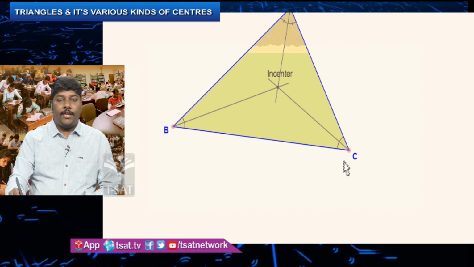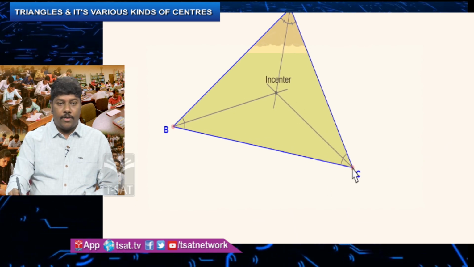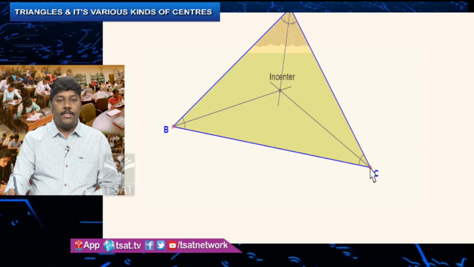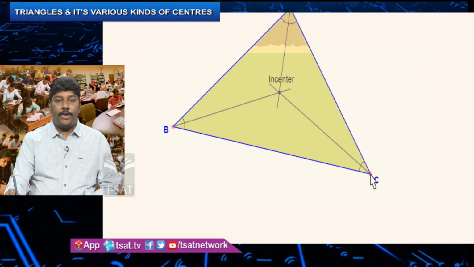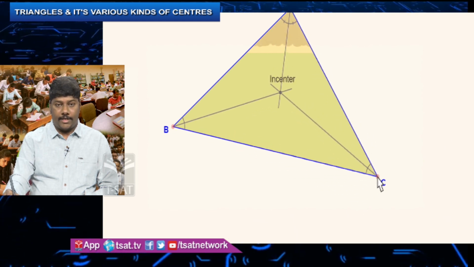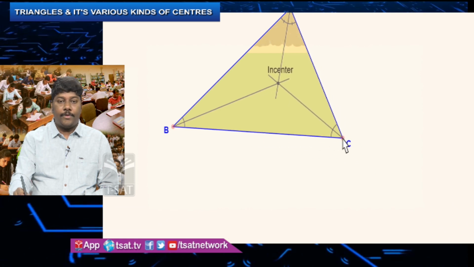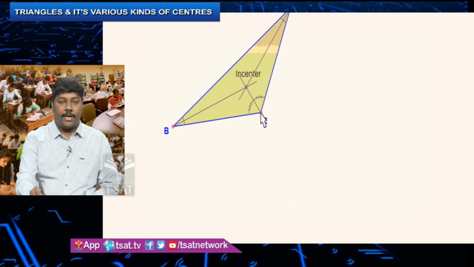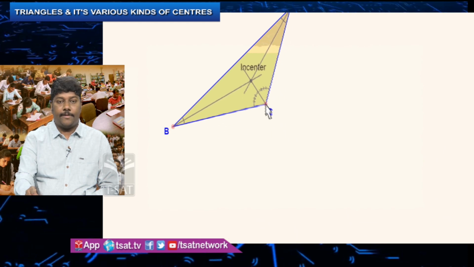Now, here these are 3 angular bisectors. Look at it, it is called in center. The intersection point is in center. In center is always equidistant from the sides. And here this is an obtuse angle triangle, in center stays inside.